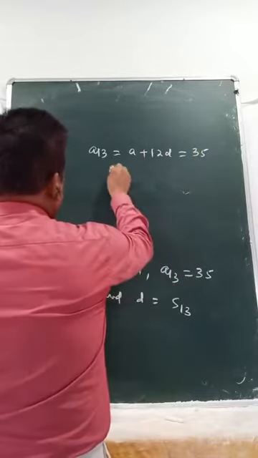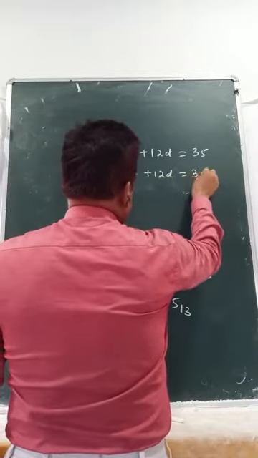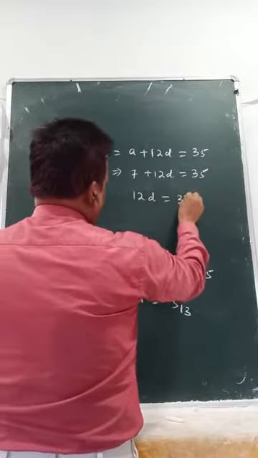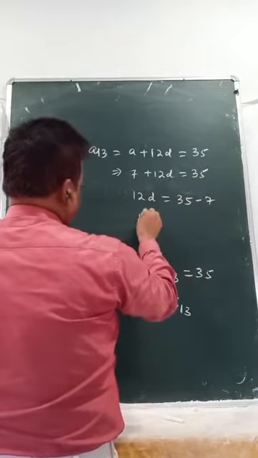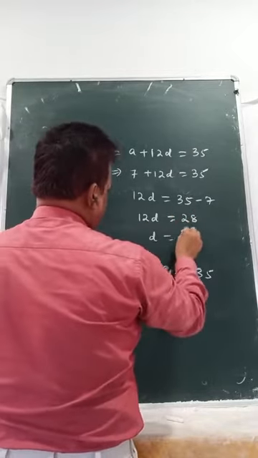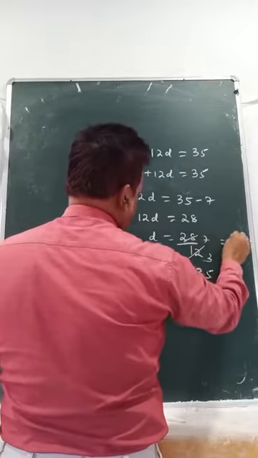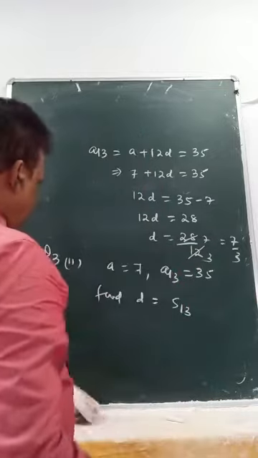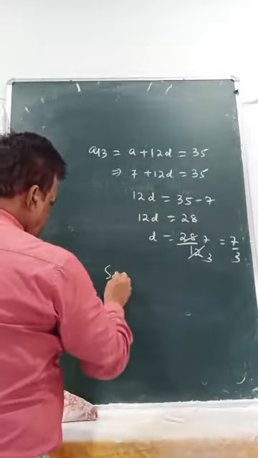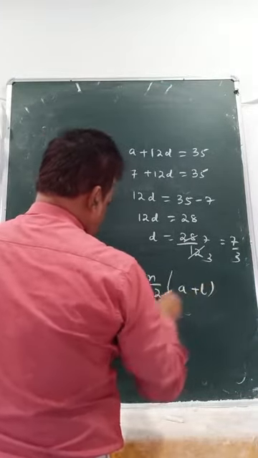Put 7 in A. 7 plus 12D equals 35. 12D equals 35 minus 7. 12D equals 28. D equals 28 by 12, which is 7 by 3. Okay, S13. When you find Sn, that is N by 2 (A plus L).